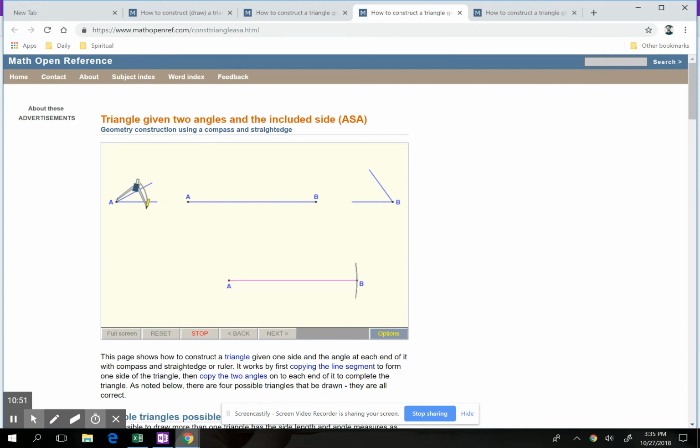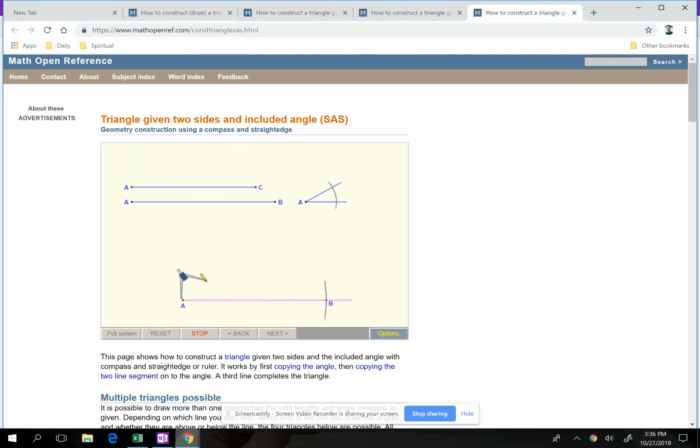Then duplicate angle A using angle duplication, and then duplicate angle B using angle duplication. There you go. And you're done.